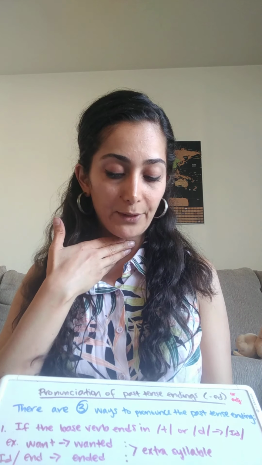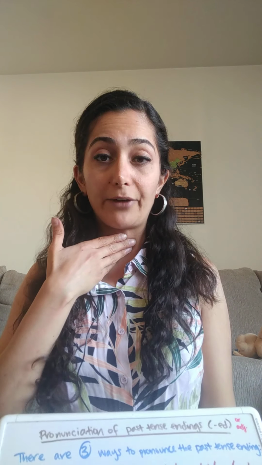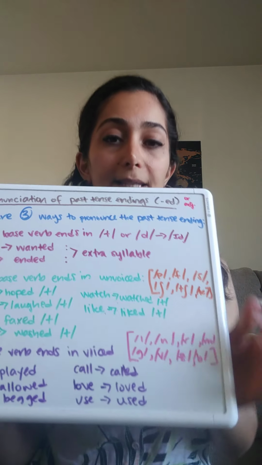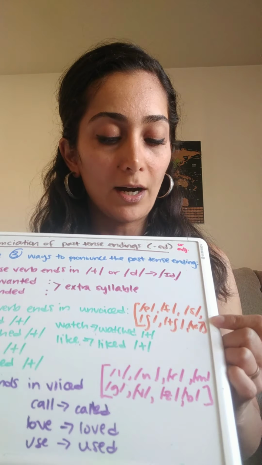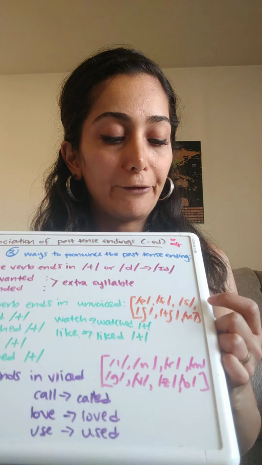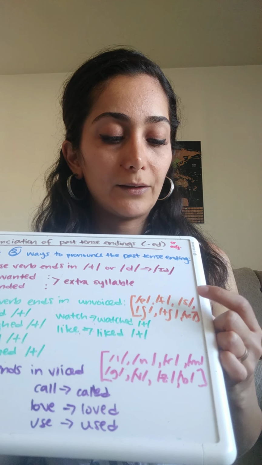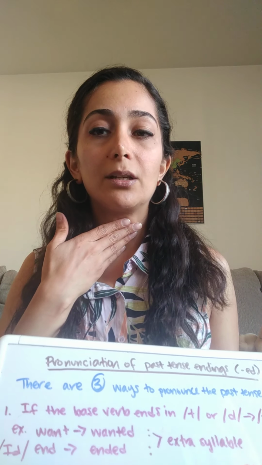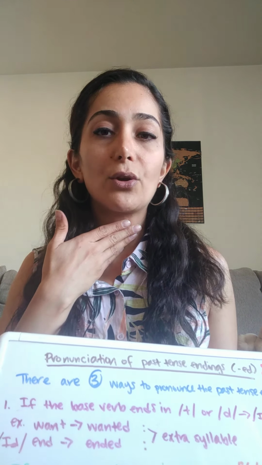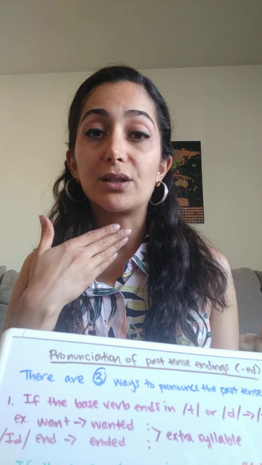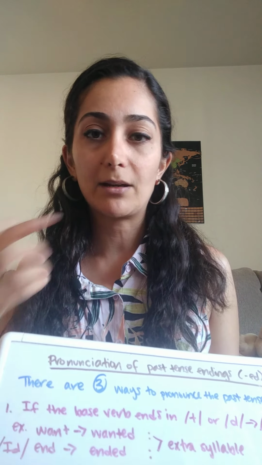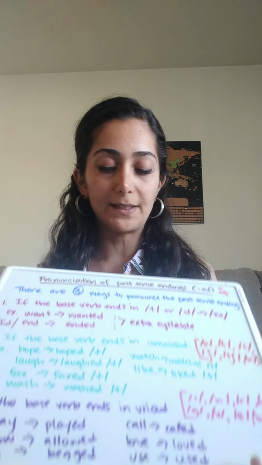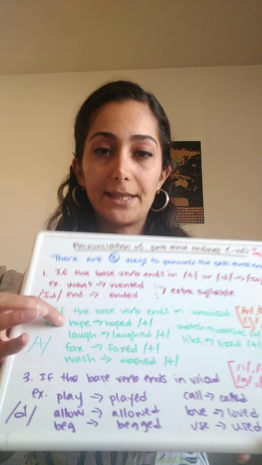If it is an unvoiced sound, you will not feel vibrations. Some examples of unvoiced sounds are p, f, s, t, k. When we make p, t, k, those don't use our vocal cords. The vocal cords don't vibrate, it's just air. So those are unvoiced.